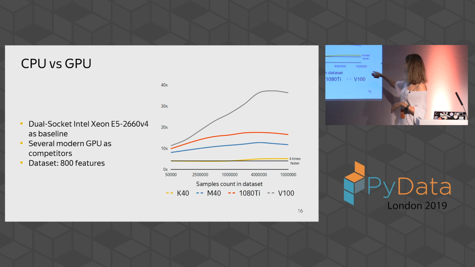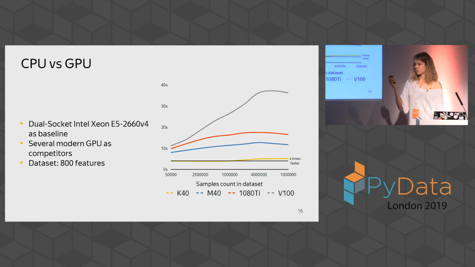That is the number of samples. And those are different GPUs. And with CatBoost, even with very old GPUs, you will get pretty good speed ups. If you are interested, you can try GPUs on Google Colaboratory, and we even have a tutorial for that. And Google Colaboratory gives you, I'm not sure, I think it's K80, and you get a speed up with that.